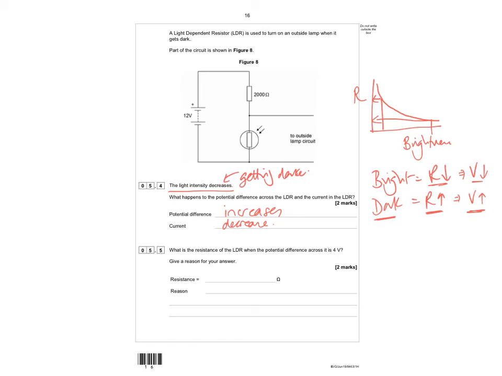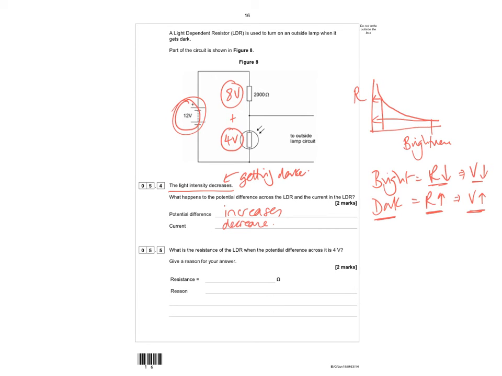In question 5.5, what is the resistance of the LDR when the potential difference across it is 4 volts? Give a reason for your answer. So let's find the LDR again. So that's just here. And we know that voltage or potential difference is 4 volts. In a circuit, if we start with 12 volts, 4 have been used here. That means 8 of them have been used here, because the 8 plus 4 gives you the 12.